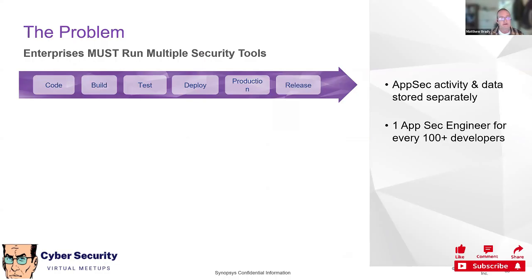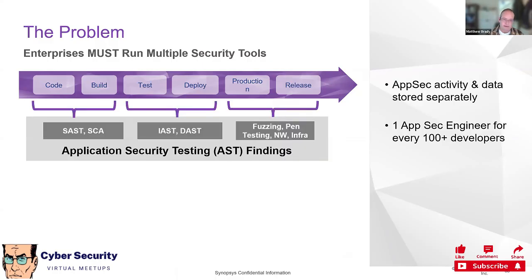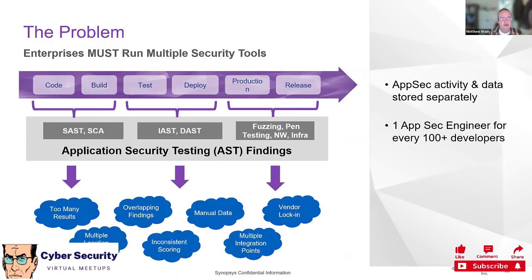And so the problem that we actually have is that we have all of these stages of our development, and we have lots of security tools, an example there, and they're producing these sorts of issues. So the issues are far too many results, just off the scale in terms of understandability, data being stored in multiple different places, so lots of different databases and user interfaces and so on, many of which are overlapping.